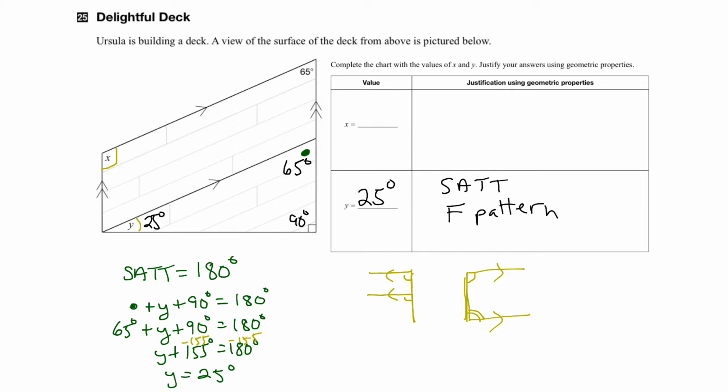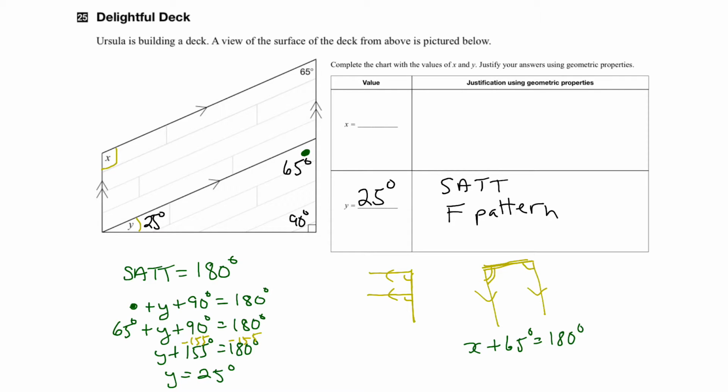Now in our case, our C pattern is more like this. So again, if I look at this pattern, that means that 65 plus x would add up to 180 degrees. So here we go. I can say x plus 65 degrees would add up to 180 degrees.